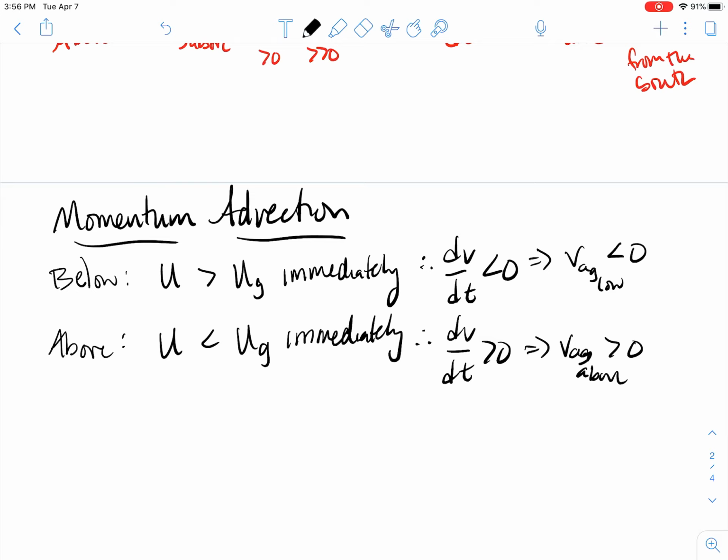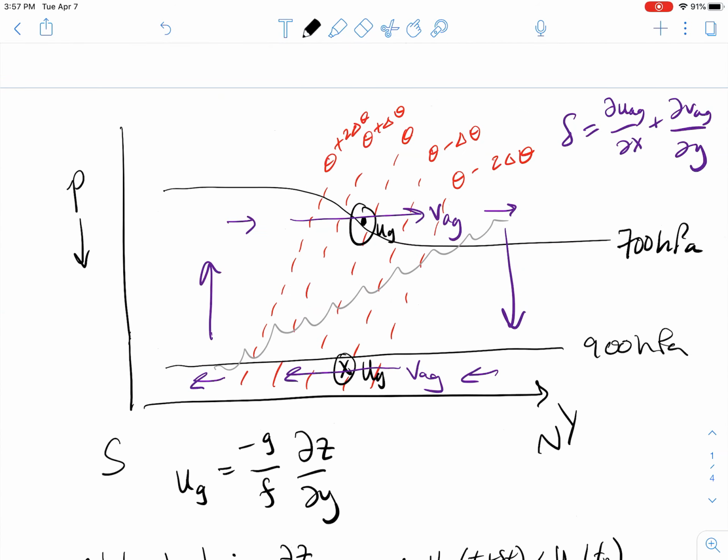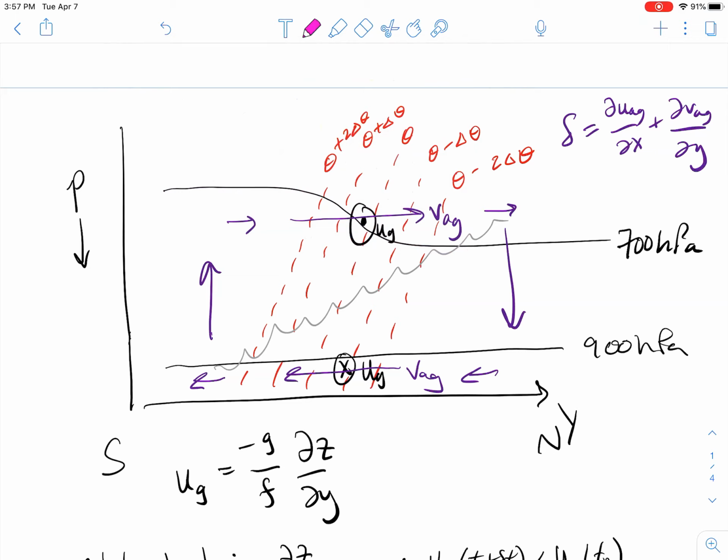And so our ageostrophic circulation leads to sinking motion on the cold side and rising motion on the warm side, which we can see illustrated here in our figure. And we get areas of convergence and divergence associated with this pattern.